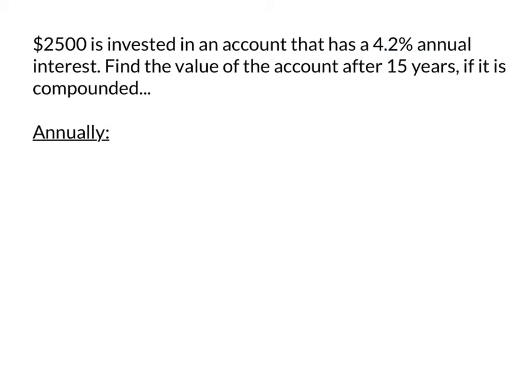So let's take a look at this compound interest problem. If $2,500 is invested in an account that pays 4.2% annual interest, find the value of the account after 15 years if it's compounded annually. So to set up our problem, we want to find the amount after 15 years. So we're going to take the principal, that's the starting investment of $2,500.